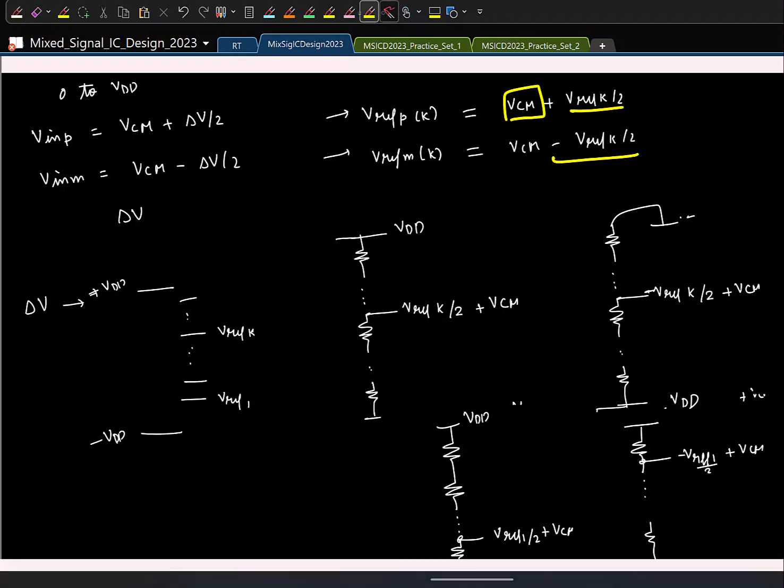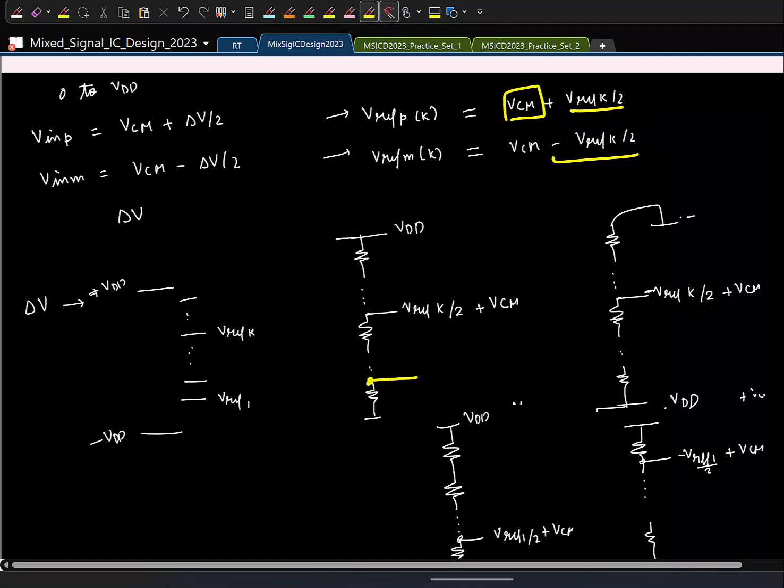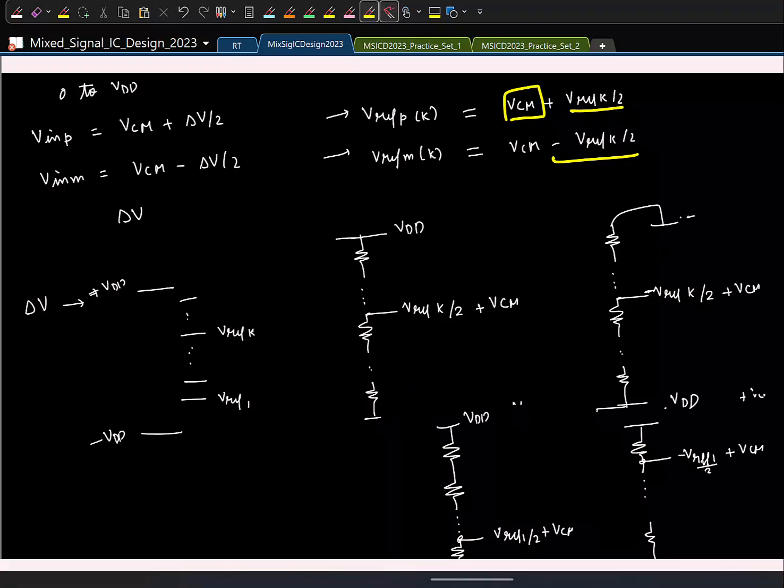Right? Because you see here, this guy which is connected to ground is the same as this guy. Since we have resistors, we use resistors.